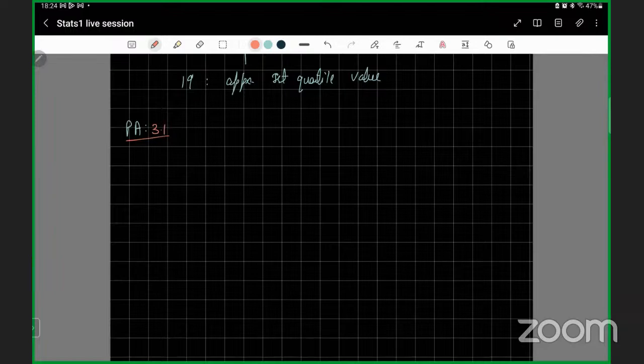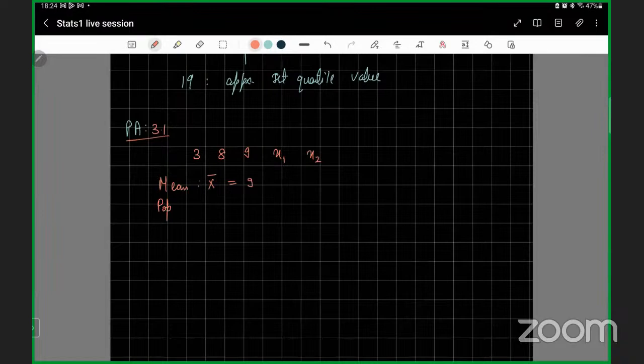The question says: you have a data set that is 3, 8, 9, X1 and X2. And the mean of this data set, let's say mean is noted as X bar, and X bar is given as 9.